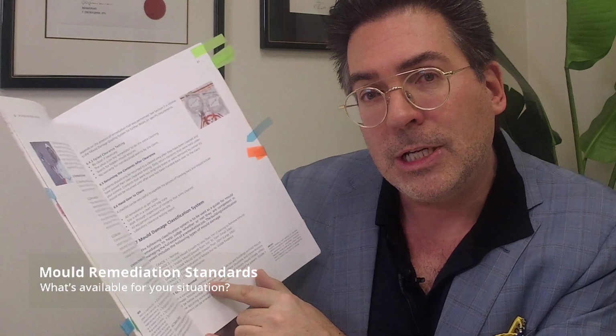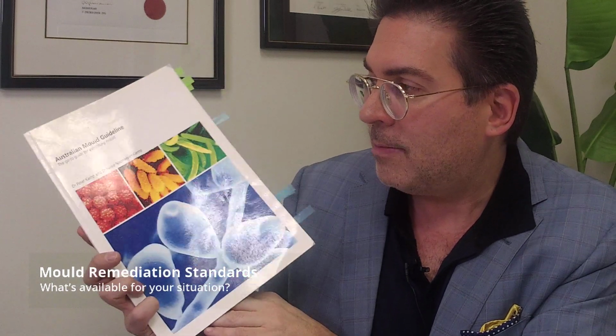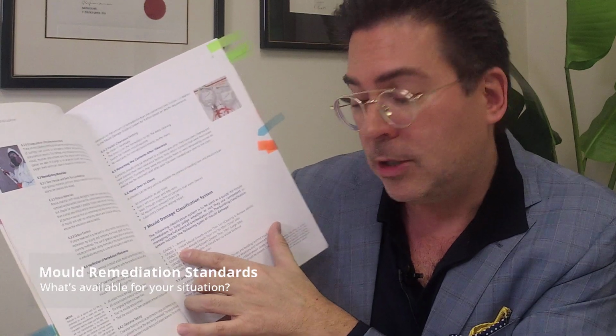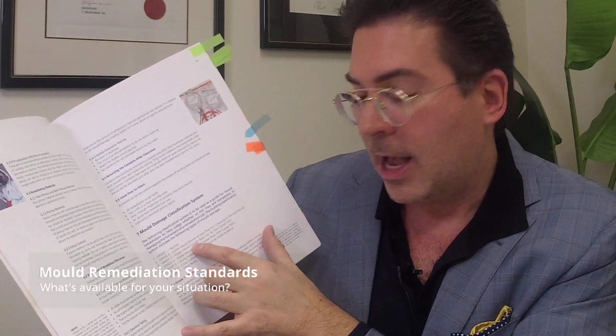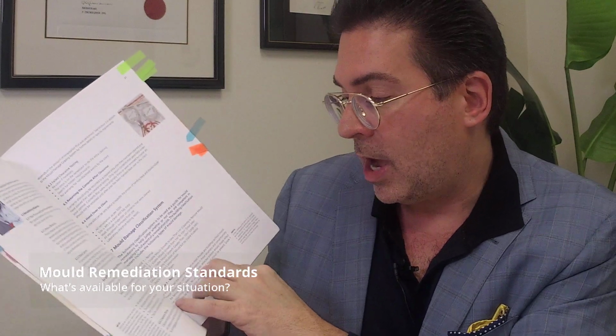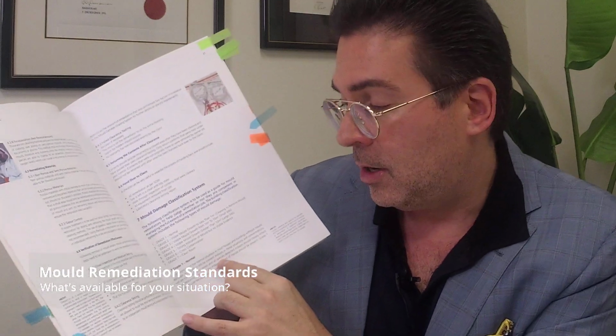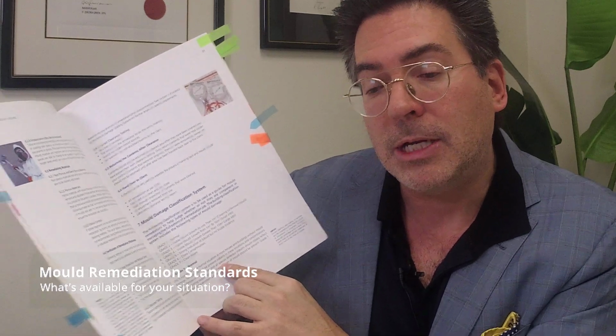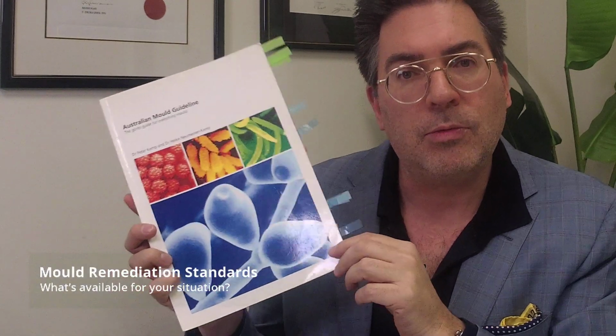Well, it might be really small, and in the Australian Mould Guideline, that will be defined as a grade 2 condition, visible mold affecting less than 1 square metre, right up to a grade 4 situation, which is visible mold affecting greater than 10 square metres. So a lot of these definitions are really important to ensure that they are contained within your documentation as it relates to your water damage claim.